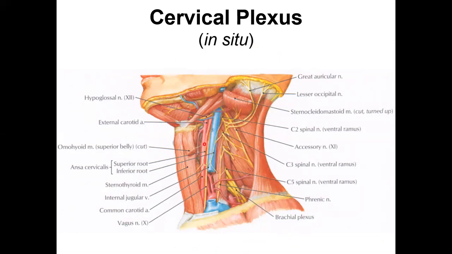C1 fibers coming more for the anterior portion versus C2 and C3 contributing more in the posterior portion. And then the nerves branching out to go to their individual muscles that they innervate. And you can see how this Ansa cervicalis is sitting on top of your IJV and your common carotid artery.